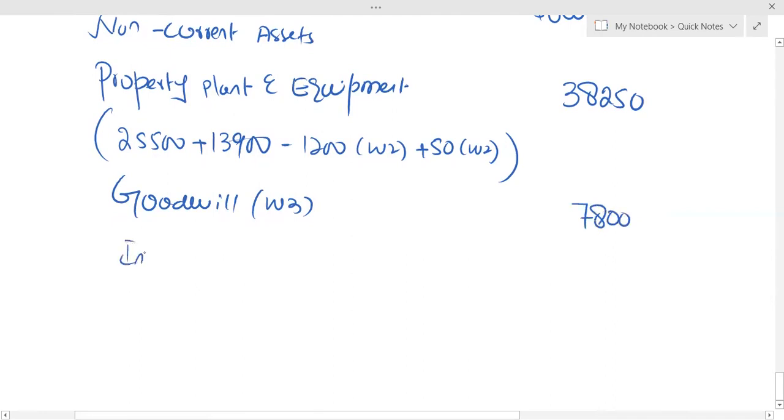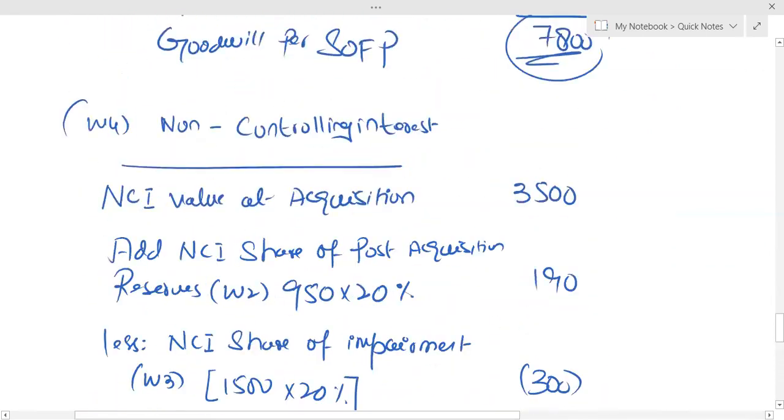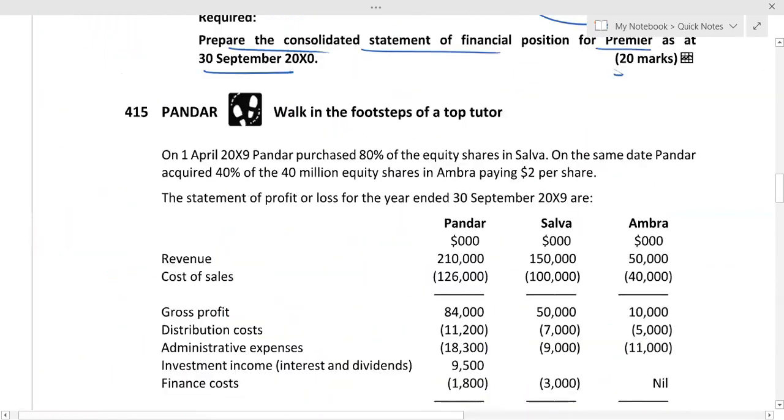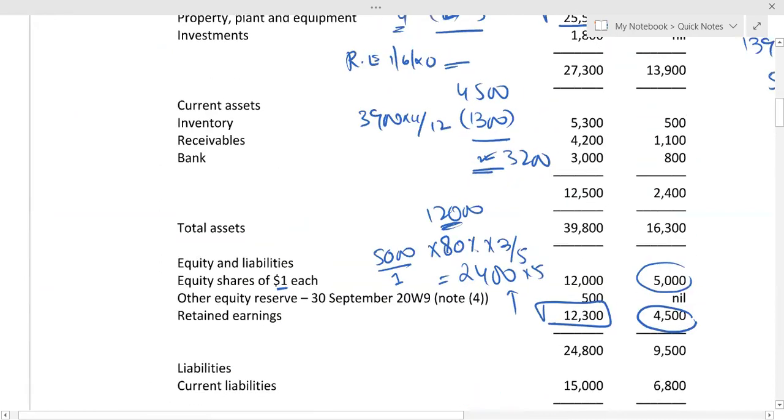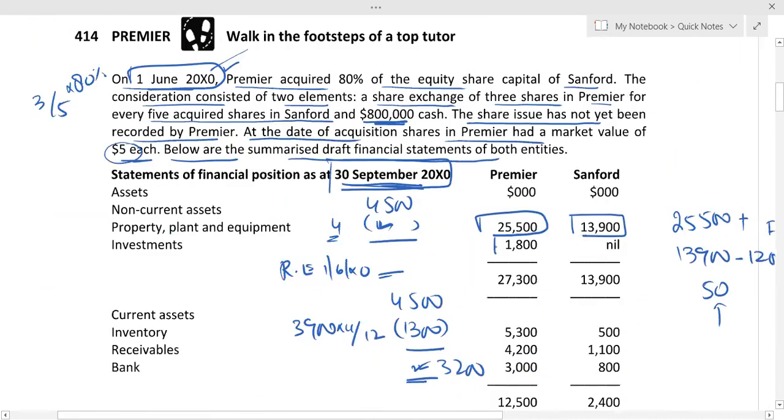Now let's see the investments. Come here. Investment amount is 1,800. Now please listen carefully. The amount of investment which parent has made in subsidiary, if parent has recorded that investment, it will not be shown in group SOFP. Obviously, in consideration, parent has given shares of its company as well as cash paid.